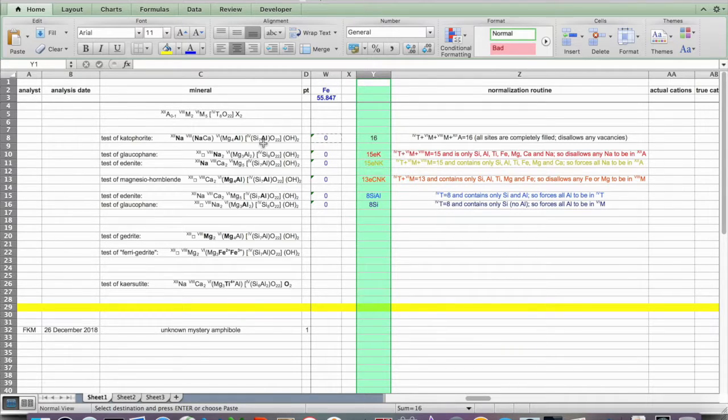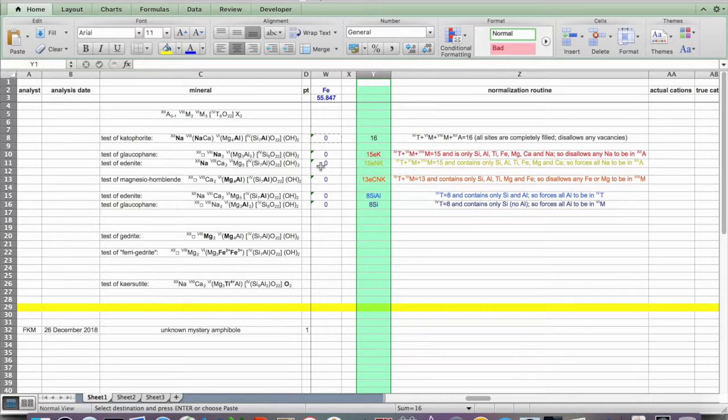So we're saying that just these, the 8, the 5, and the 2, add up to 15. And we're excluding potassium, which has to be in the A site, but we are including sodium, which means that we're not going to allow any sodium to be in the A site. We're forcing all of the sodium to be in the 8 coordinated M site.